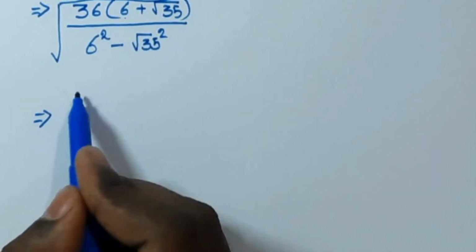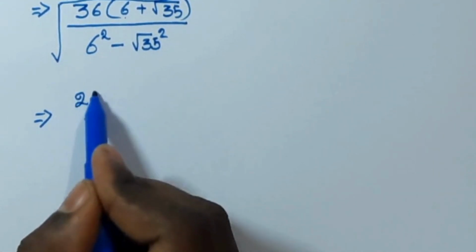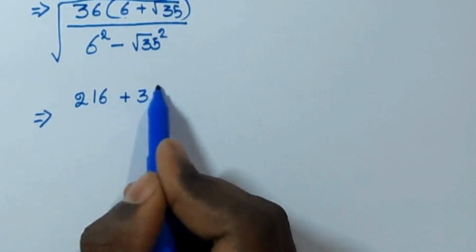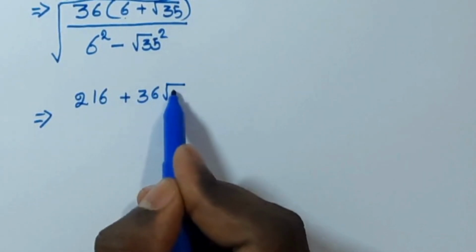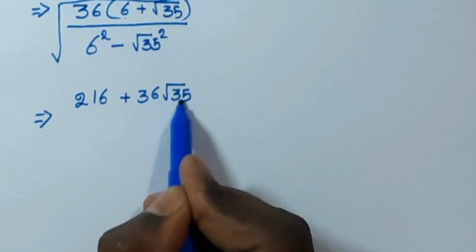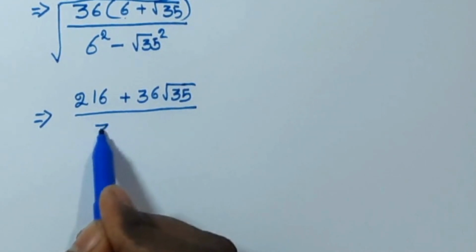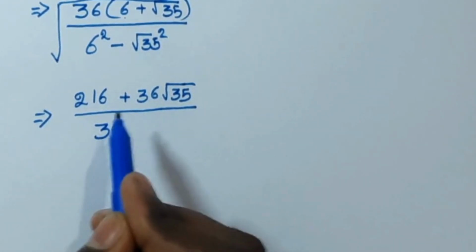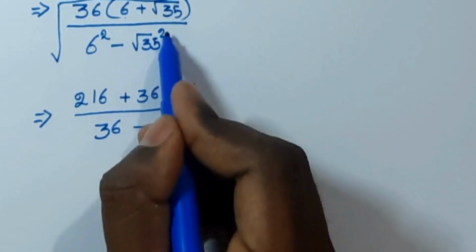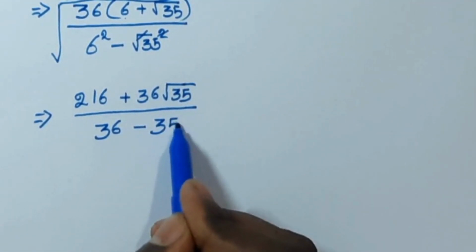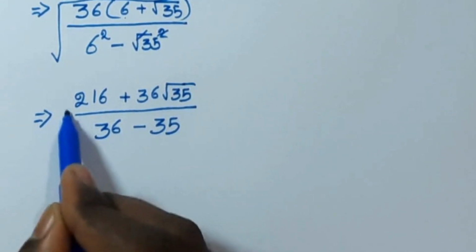Thirty-six into 6 is 216 plus 36 square root of 35 by 36 minus this, this cancels this, so 35, whole square root.